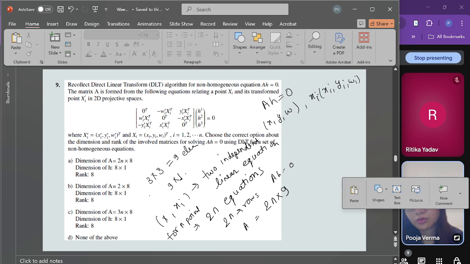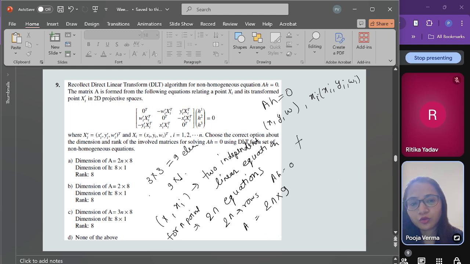Now next, first we will determine the rank. For a unique solution, that means up to a scale for H, the rank of A must be 8. For any n, rank n minus 1 will be there, right? Here the total n is 9, so 9 minus 1, the total rank will be 8 only.